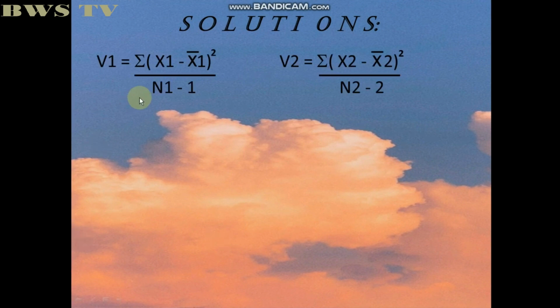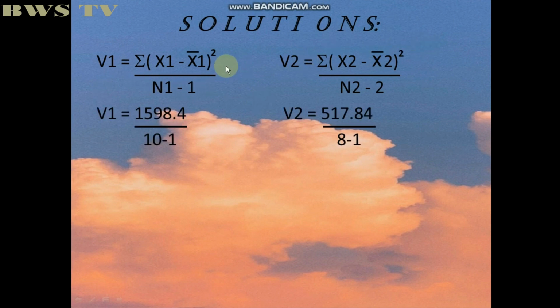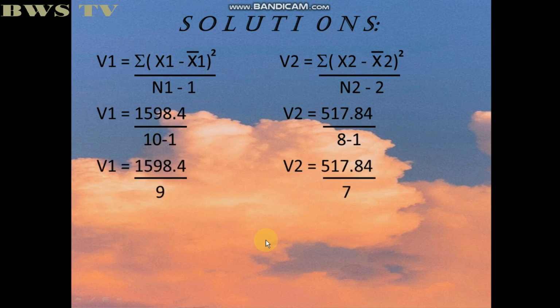As you remember in the first slide, these are the solutions for v1 and v2. You put the answers that you have a while ago and substitute them there, and complete this process, dividing by n minus 1, until you get your final answer.